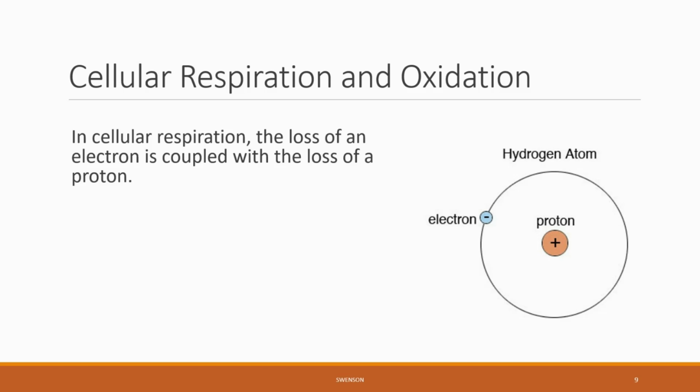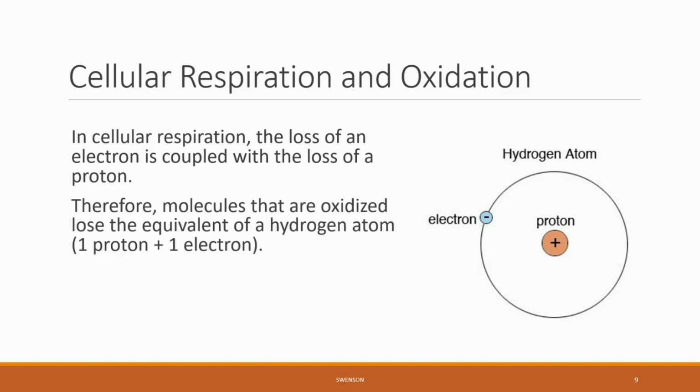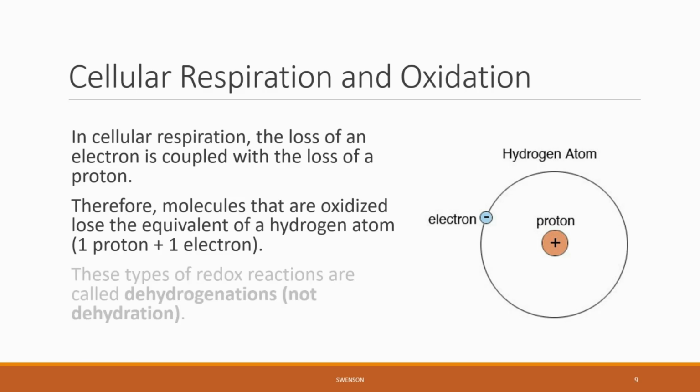As a reminder, a proton and electron together make up a hydrogen atom. This is where it gets a bit confusing because we have learned about dehydration reactions, which are chemical reactions where a water is lost. However, these are called dehydrogenation reactions, where a hydrogen atom is lost, not to be confused with dehydration, like when a water is lost.